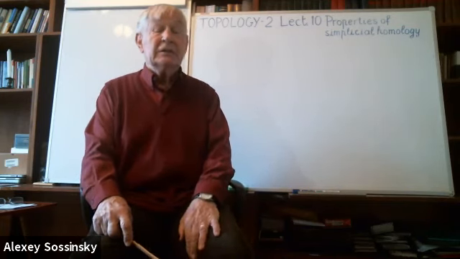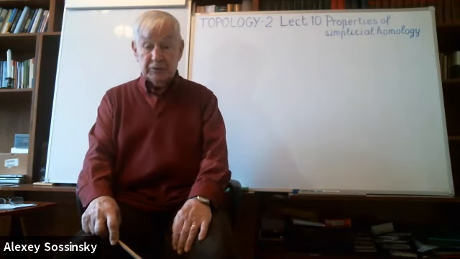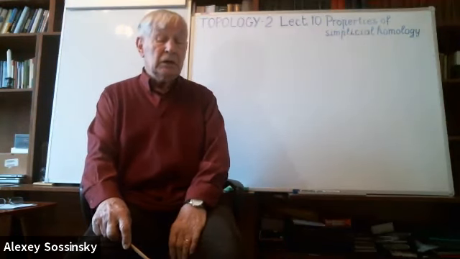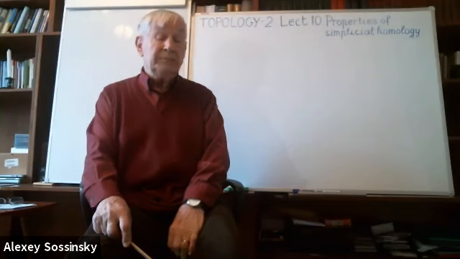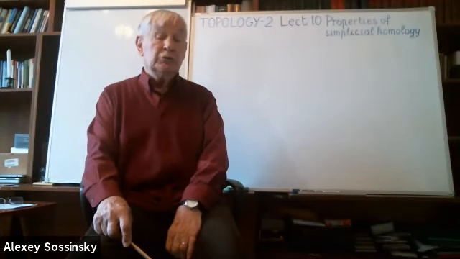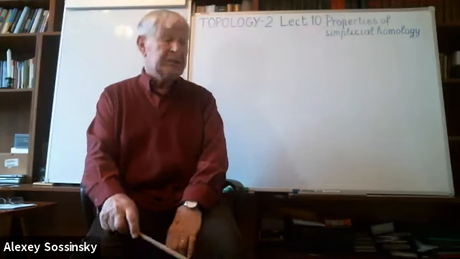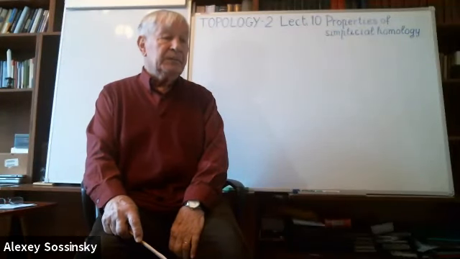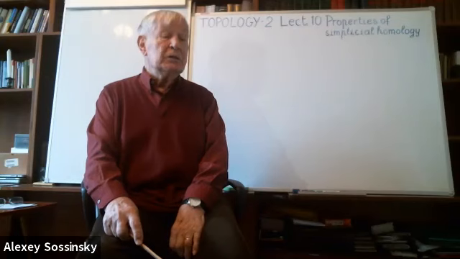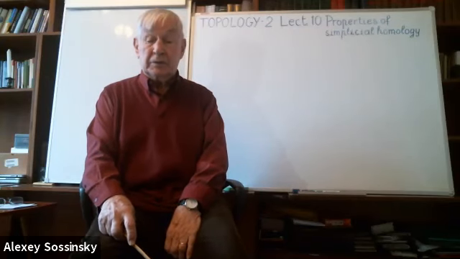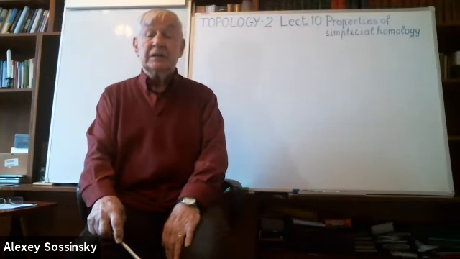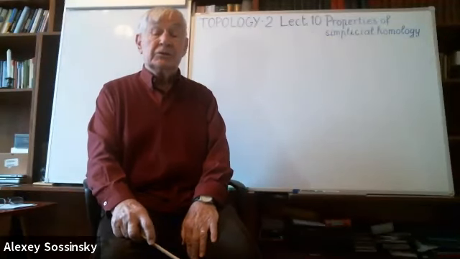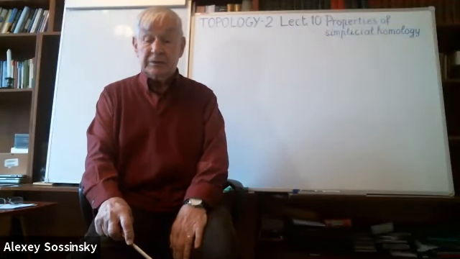We do that in two steps. In the first step, we assign to the simplicial space and to the natural number n an abelian group called the chain group.